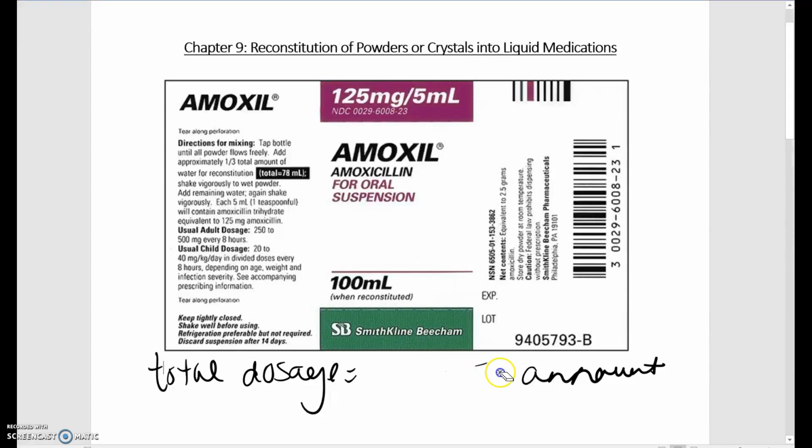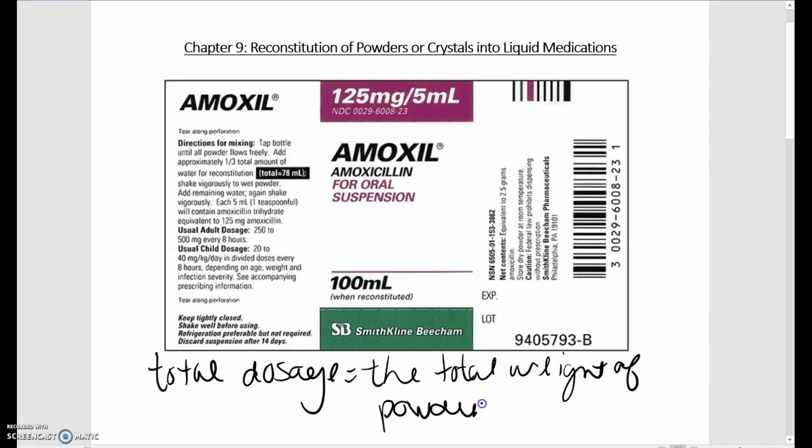That's a better definition. So the total dosage is the total weight of powder, or in parentheses, drug, within the container.